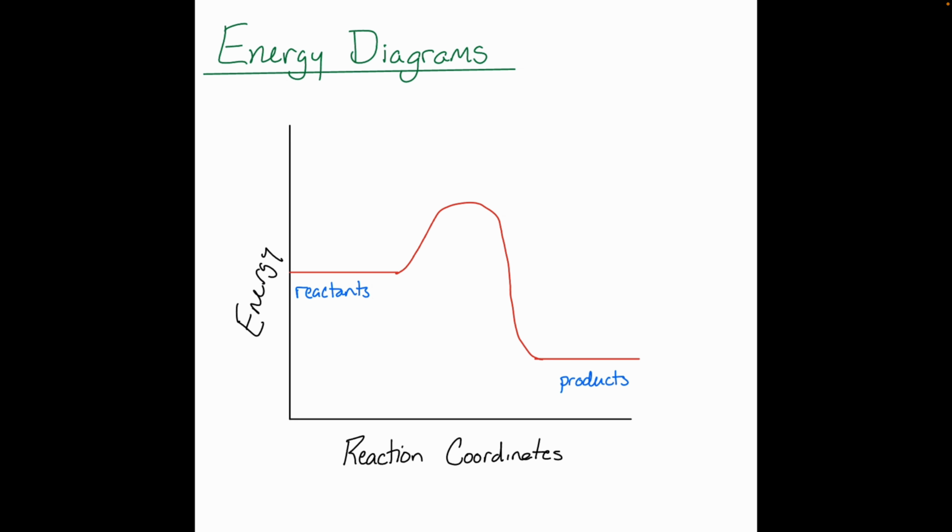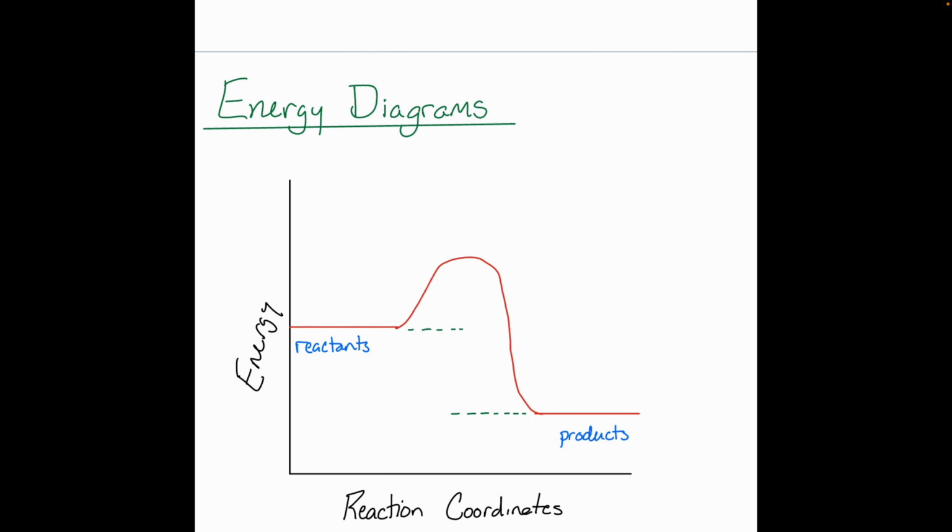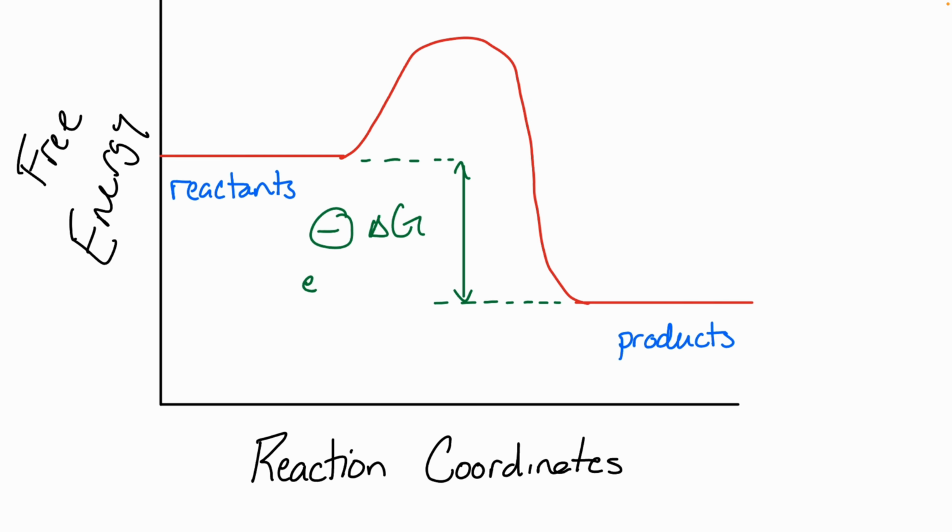All right, specifically in this chapter, we're going to be looking at free energy diagrams. So the difference between these here, where we start and where we end, corresponds to the delta G of our reaction. Remember with delta G, a negative delta G is good, meaning that this reaction will proceed in the forward direction, or what we would call an exergonic reaction.